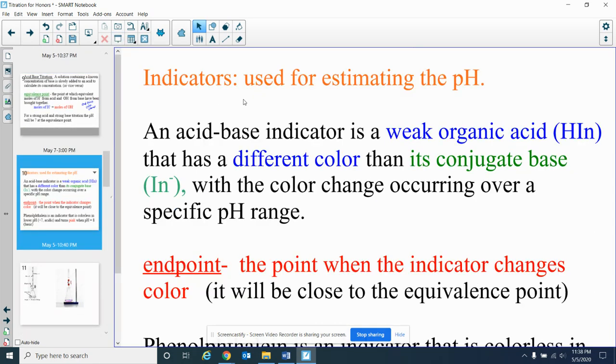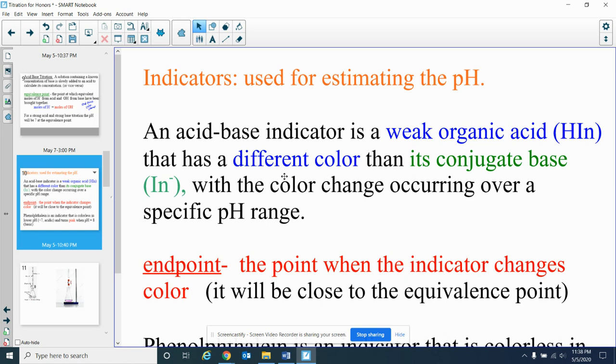Instead of trying to measure the pH with a pH meter, we can use what's called an indicator. Indicators are used for estimating pH. An acid-base indicator is a weak organic acid that actually changes color. So it's a different color when it's an acid than it is as a base.